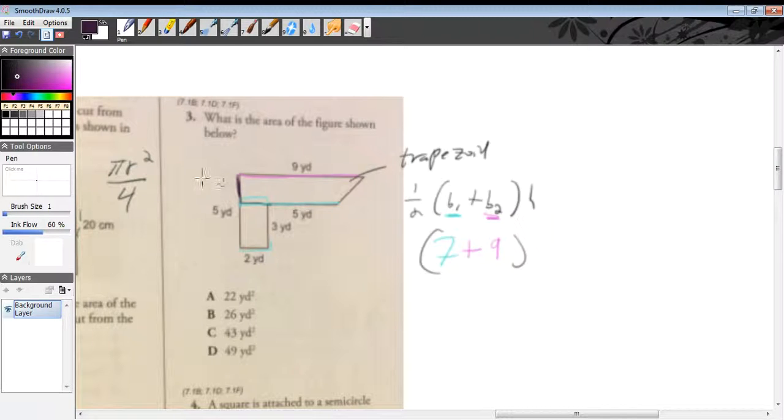If I know that this whole distance is 5 yards, that's what this tells me, and this part right here, if I extend it all the way over here, is 3 yards, then I need to solve for x. This plus this will give me 5, so this must be 2 yards. So the height is going to be 2. Take the area of the trapezoid and then add it to the area of this rectangle right here, which was 6.